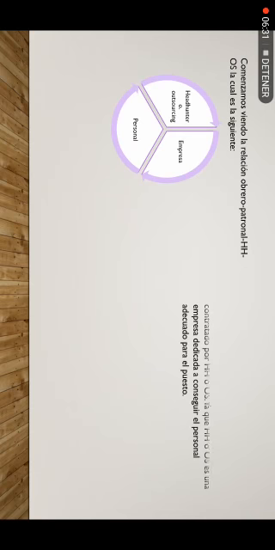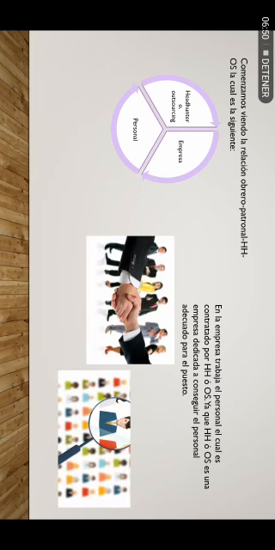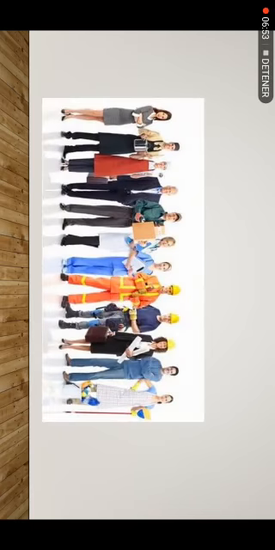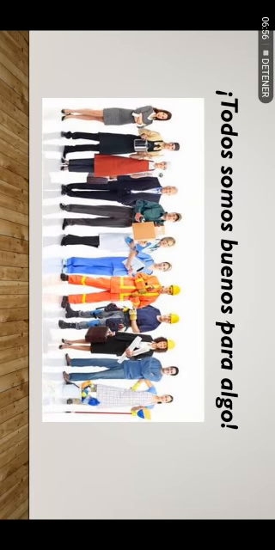We begin by seeing the worker-employer relationship and HH or OS, which is the following. In the company works the staff which is found by HH or OS. Since HH or OS is a company dedicated to getting educated personnel for the position, we are all good for something.